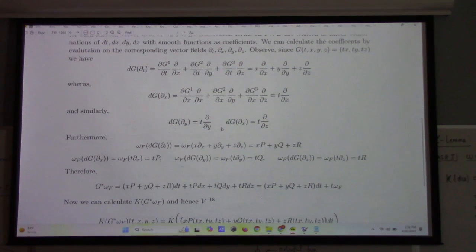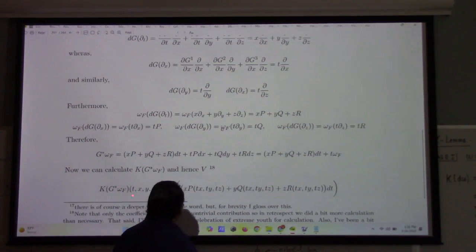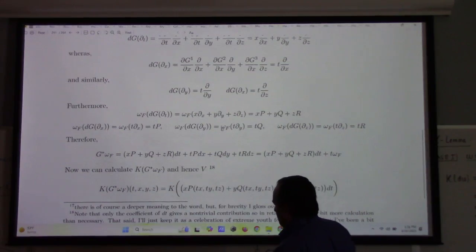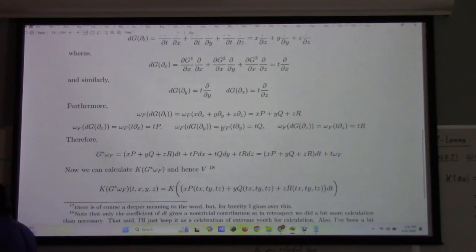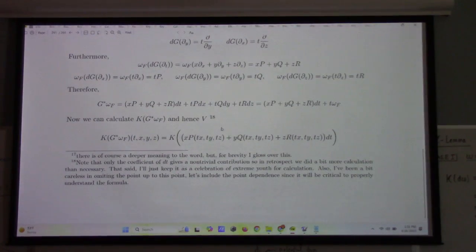Put it all together, the K acting on the pullback under g of omega f is K of this, which then, oh man, I just barely brushed that stupid thing. See, as a Naruto comment here.